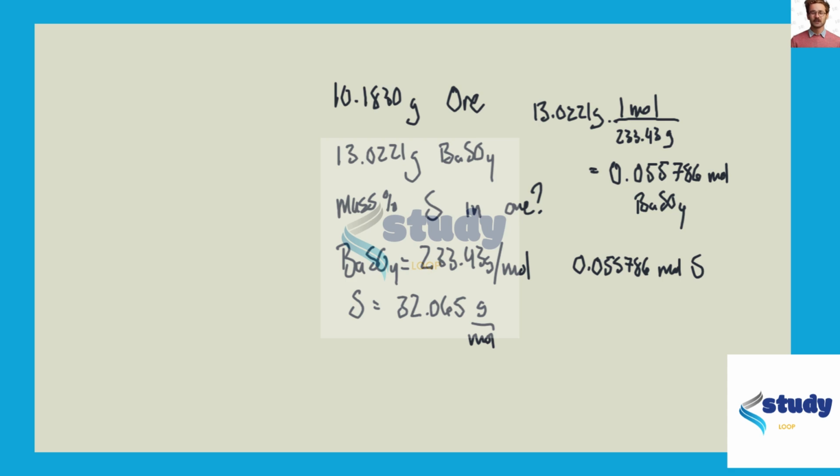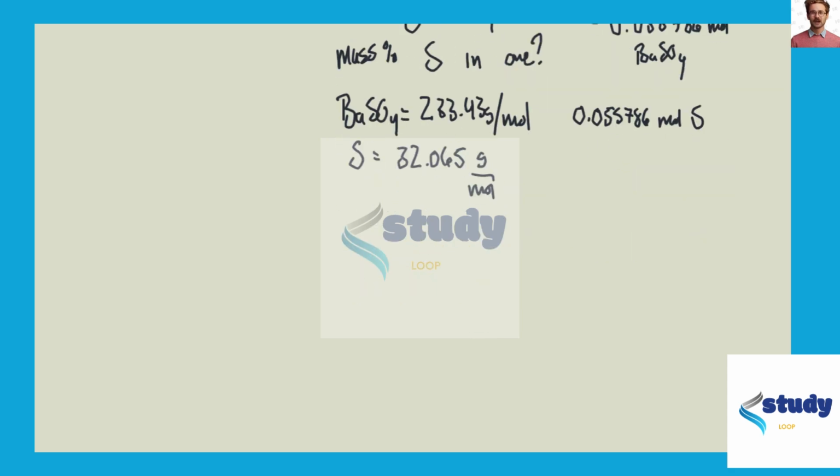So let's take our 0.055786 moles of sulfur, and we will multiply it by the molecular weight of sulfur, 32.065 grams per mole.